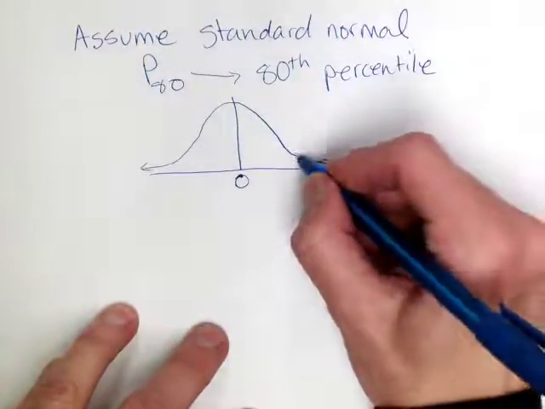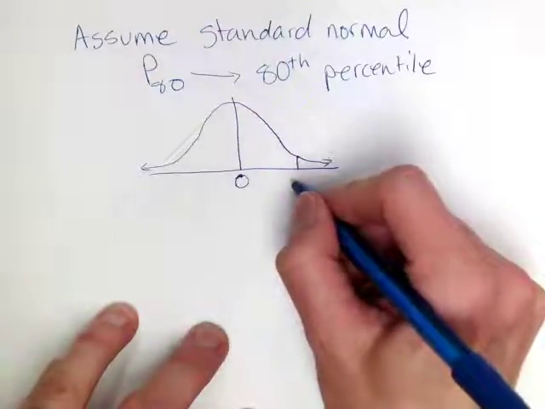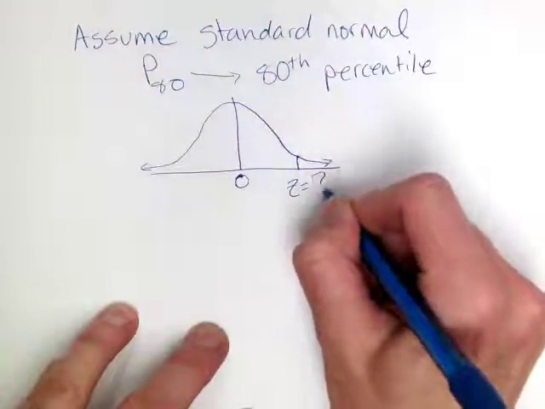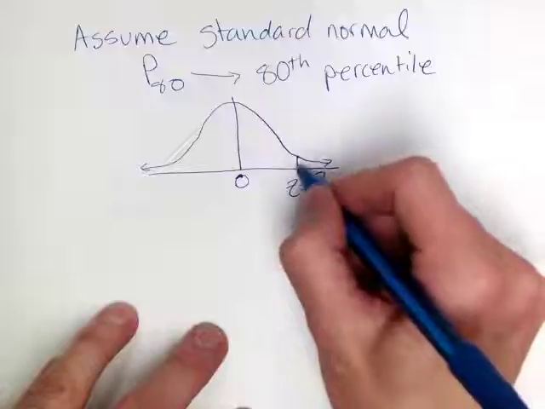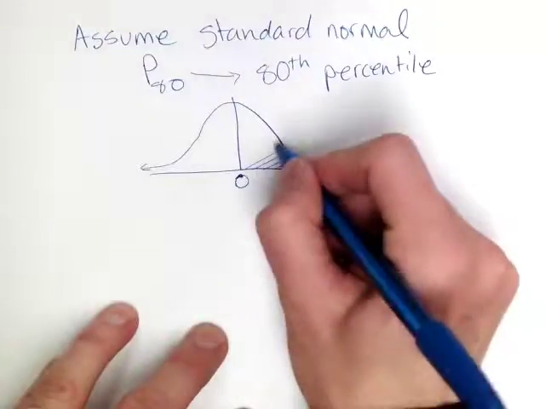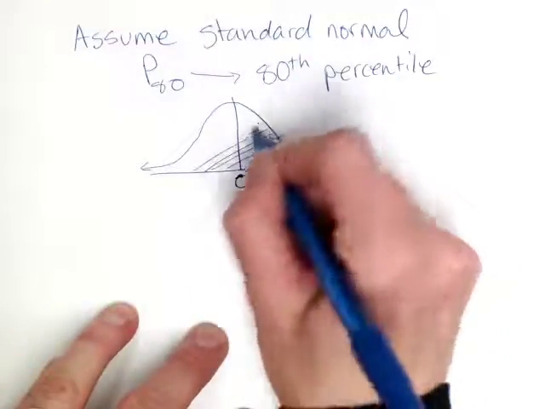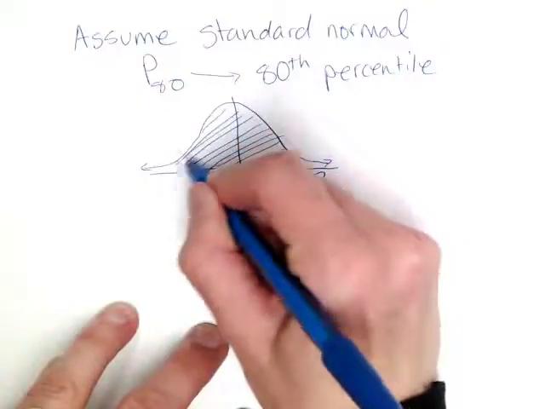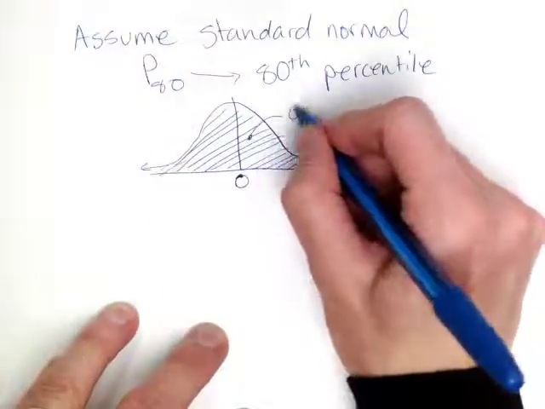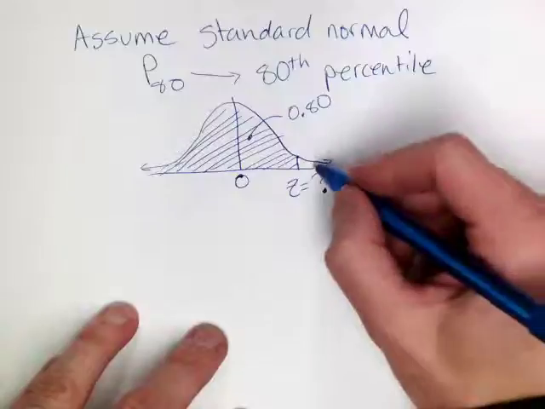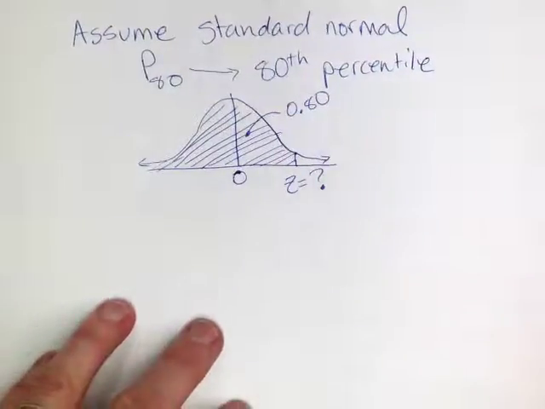What the 80th percentile means is I want this z-score to separate this running total of 80% of the z-scores, I want 0.8 here, from this upper tail of 20%.